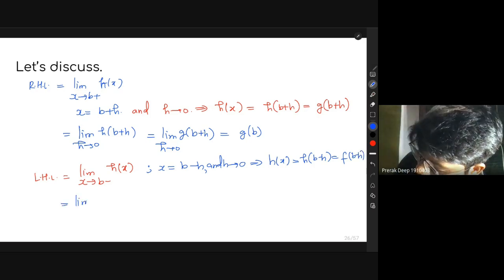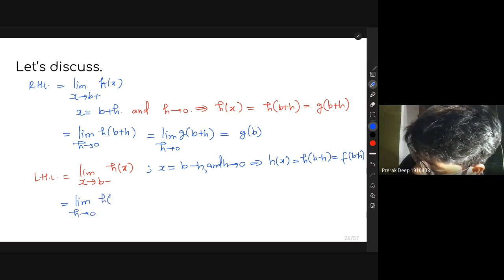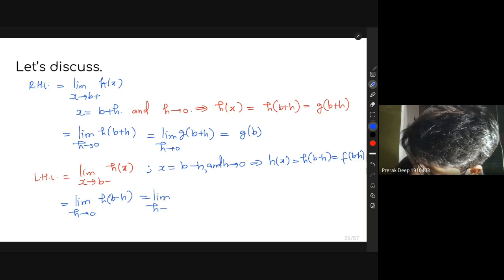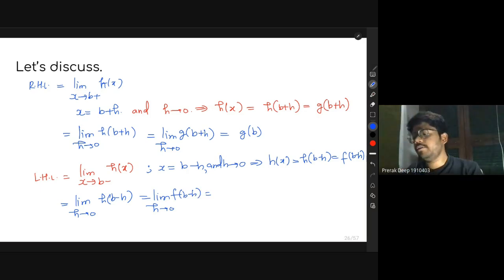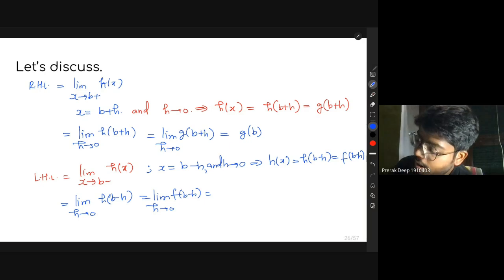So this limit will be equal to the limit of f, and because f is continuous at b also, it is nothing but f of b.